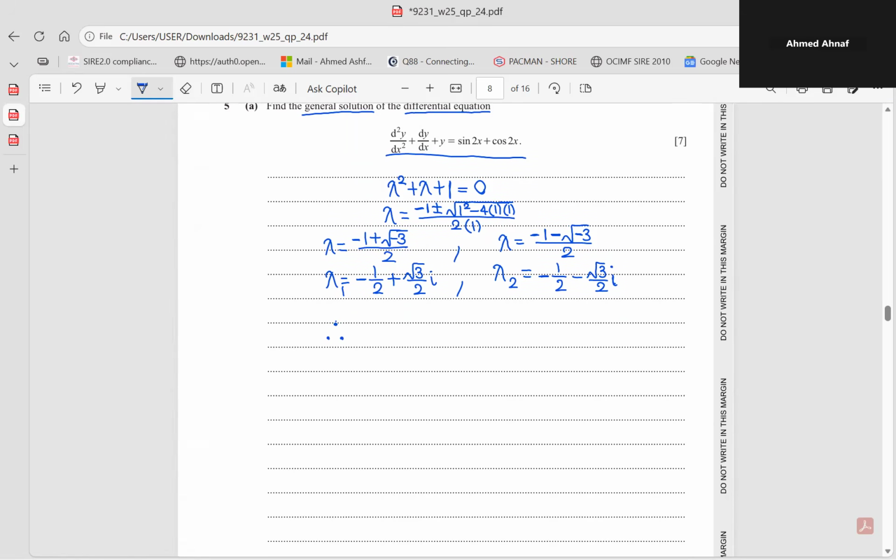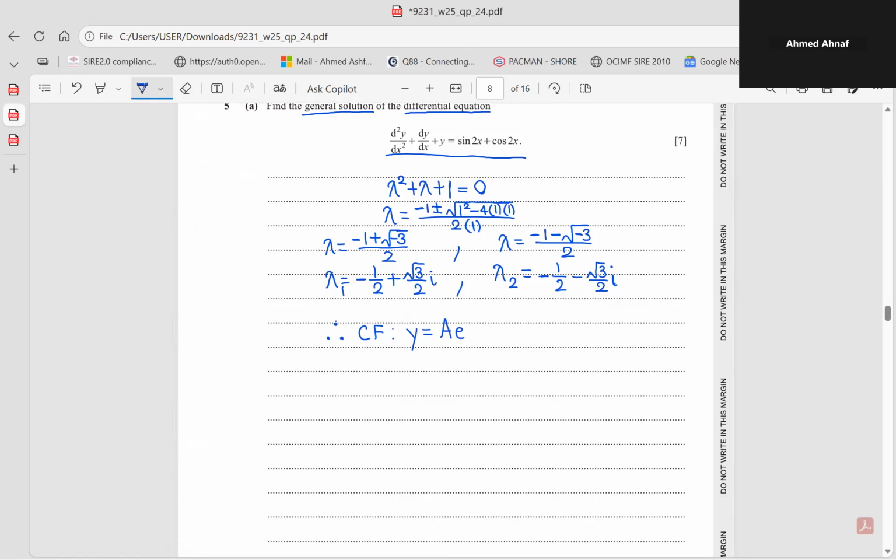So now we're going to form something called the complementary function. The complementary function is in this form: y equals a times e to the power of your first lambda x, depending on what you're differentiating with respect to.